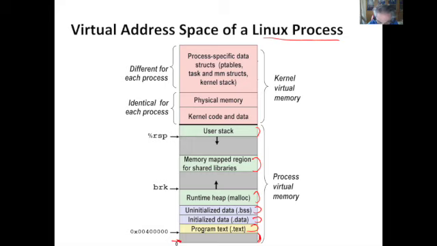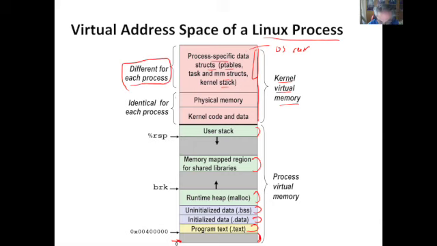You can do this by just updating it in your page table for that process. Then you have the kernel virtual memory, which holds certain process-specific data, like operating system resources, the page tables, etc. This is specific to each process.